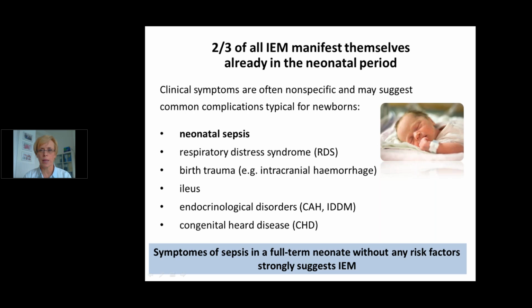And there is no doubt that many of these diseases are not diagnosed, and a wrong diagnosis of neonatal sepsis or other common complications in the neonatal period is established, like respiratory distress syndrome, birth trauma, ileus, and other possible complications.